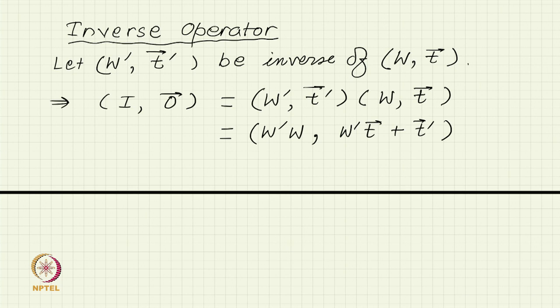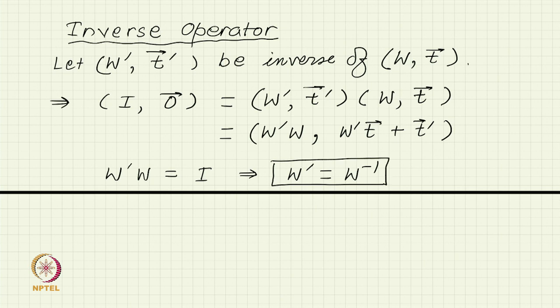Now, if these two are equal, then the matrix part should be equal to the matrix part and the translation part should be equal to the translation part. So, w prime w is I, that gives you that w prime is w inverse.